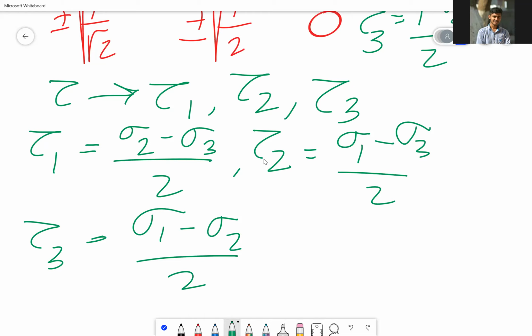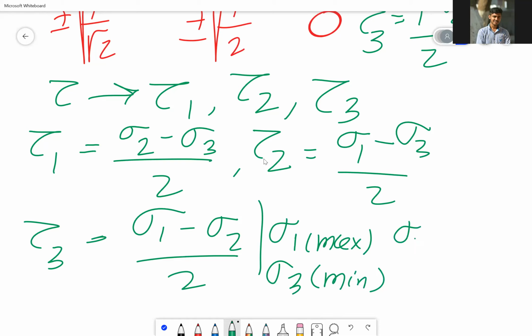As we know, sigma 1 is always the maximum, and sigma 3 is always the minimum, and sigma 2 is in between these two. Where the difference is higher, that will be the maximum. If there is a stress difference between maximum and minimum, then that will be the maximum value.